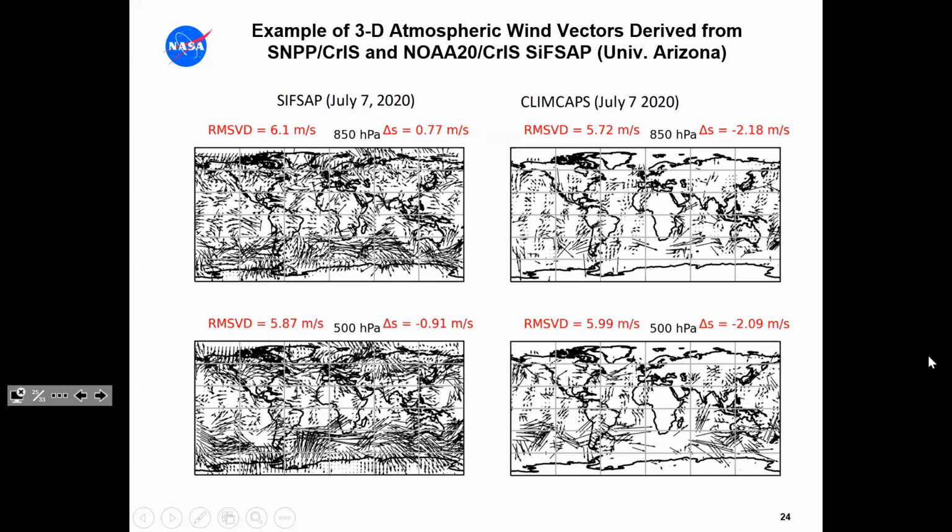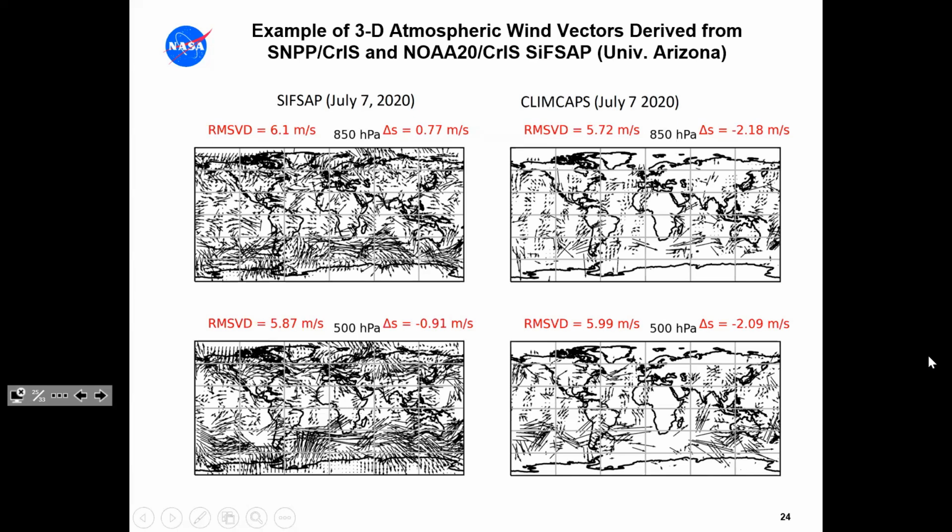So this is from the low resolution ClimFiSP product. You can see the density is much lower. This is our product from the single field of view retrieval. Not only that, the bias is increased by a factor of 2 or 3.